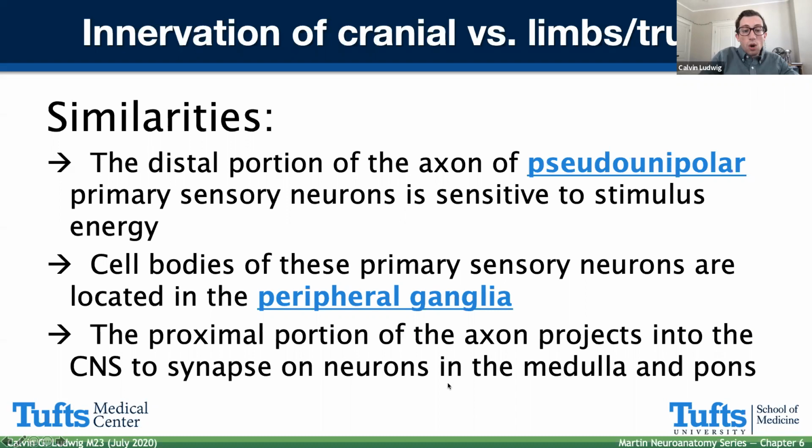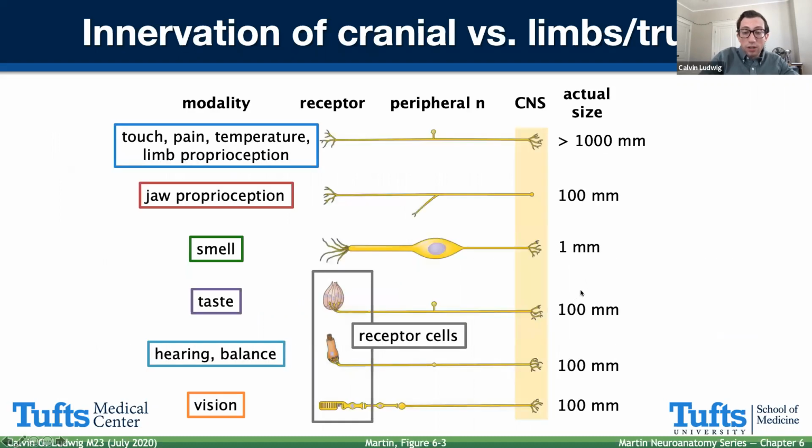So now we're going to look at the differences. We're going to look at what's unique about cranial nerves and how they pick up information and then deliver them. So starting down here with the purple, teal, and orange boxes, for the senses of taste, vision, hearing, and balance, a separate receptor cell, here boxed in gray, transduces stimulus energy.